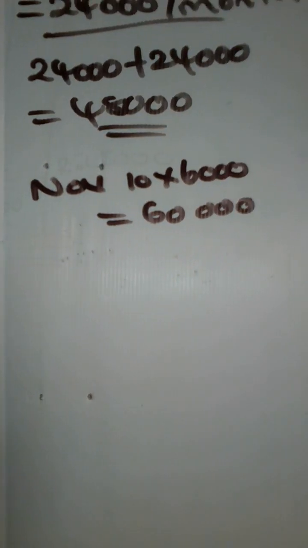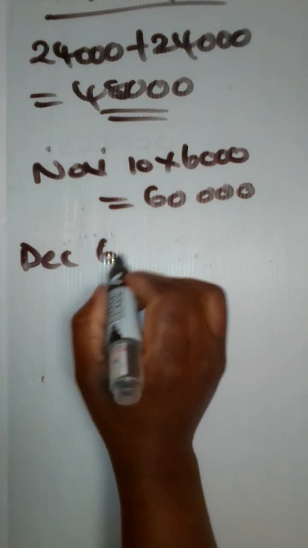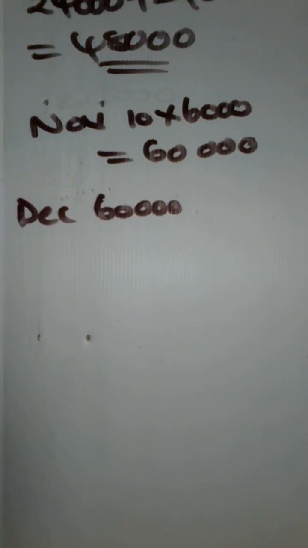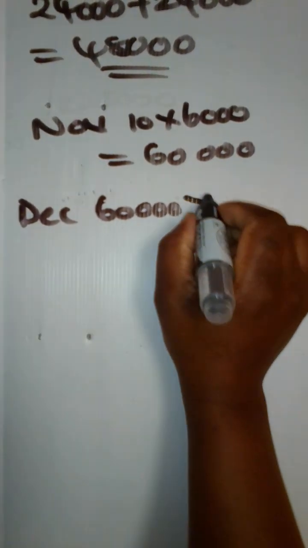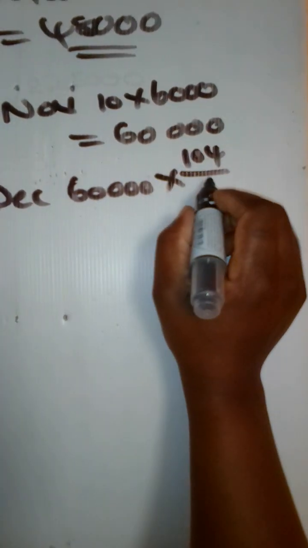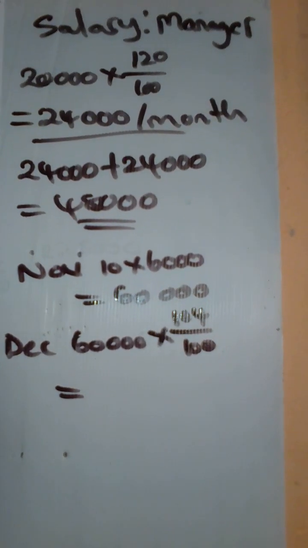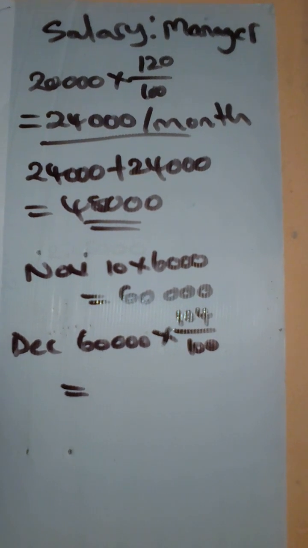Then for December, they are going to have an increase of 4%, which means their salary is going to be 104% of the original. Let me check my calculator. It is going to be 62,400.